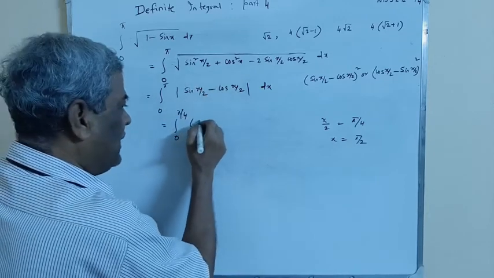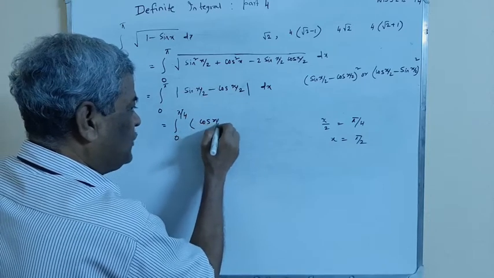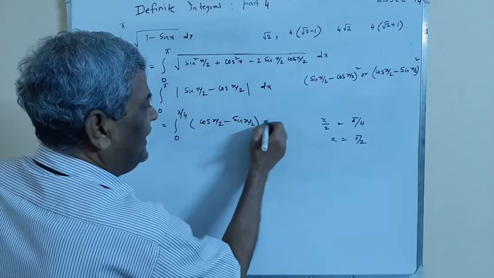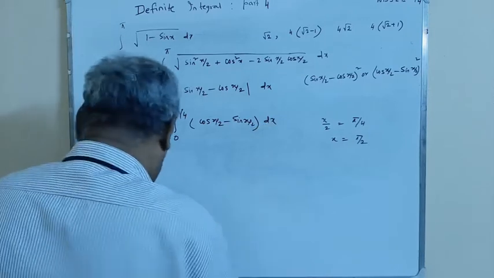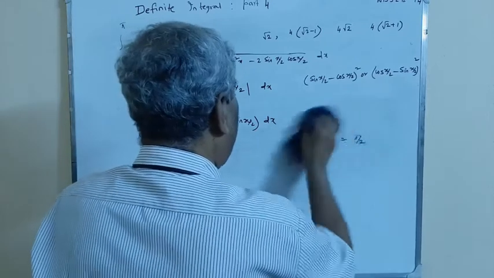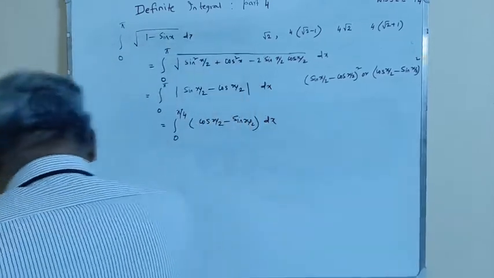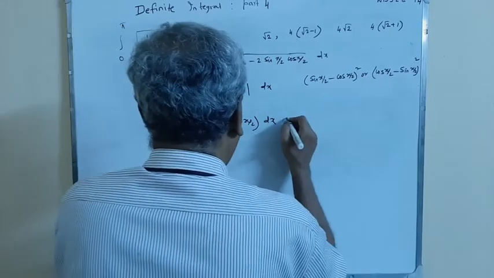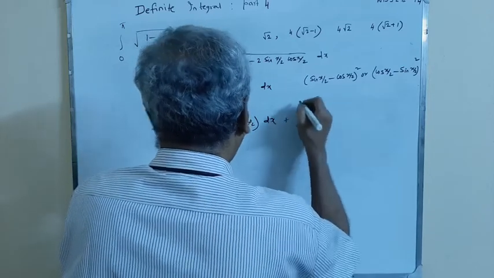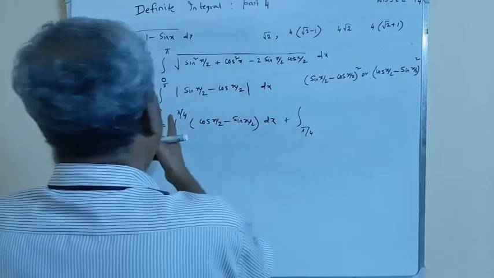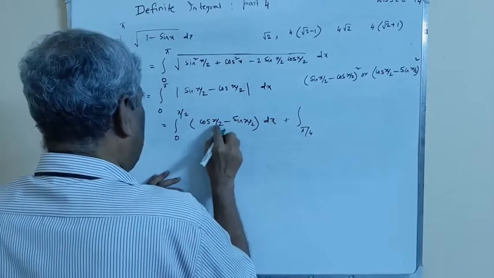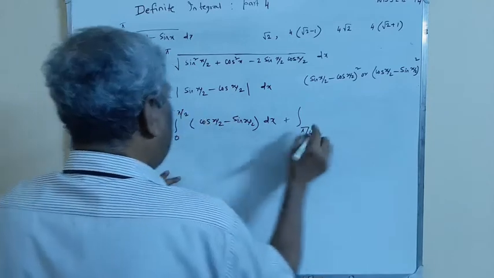So here we have to take cos x by 2 minus sin x by 2 dx, plus the integral from pi by 2 up to pi.